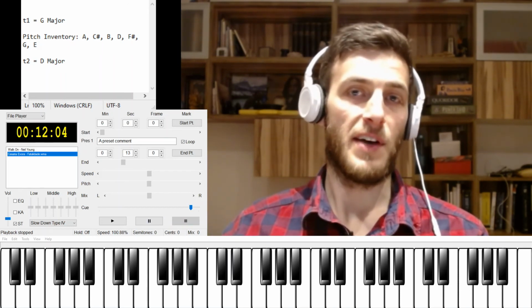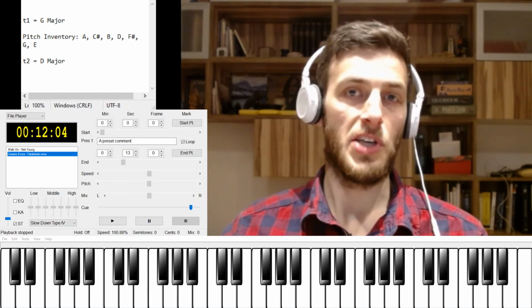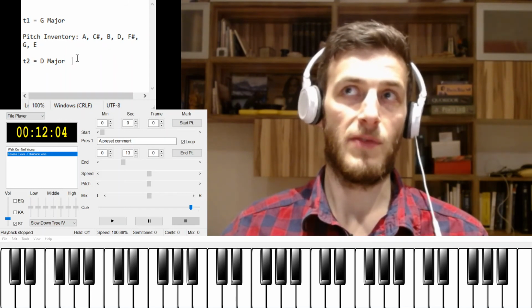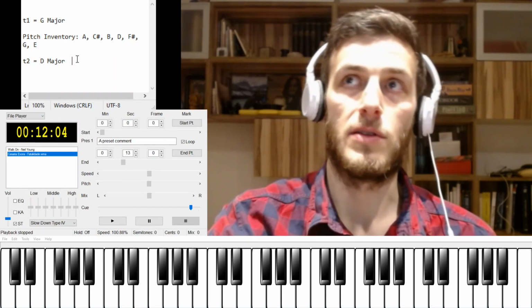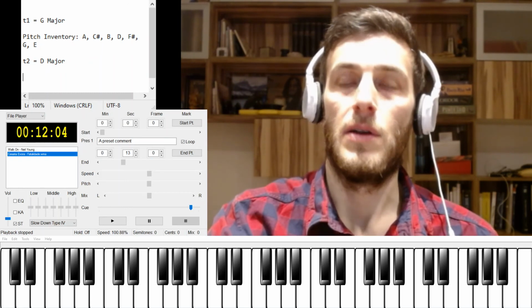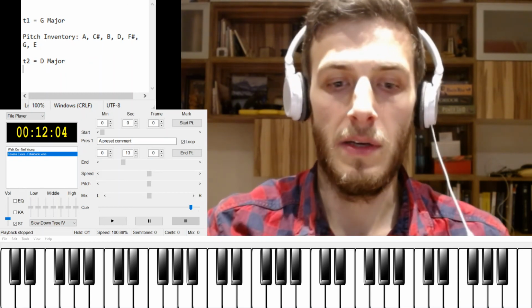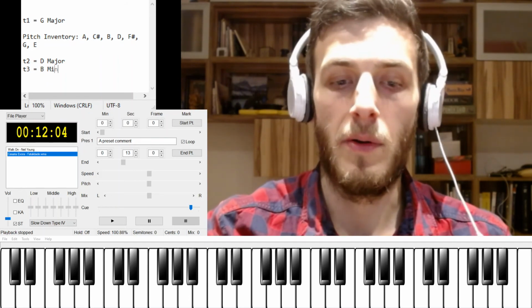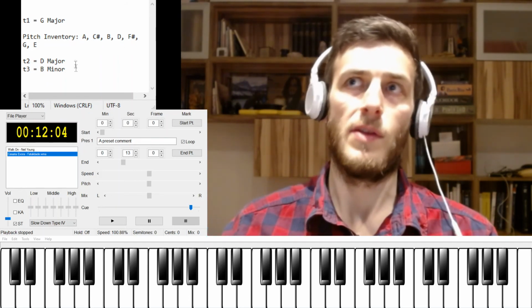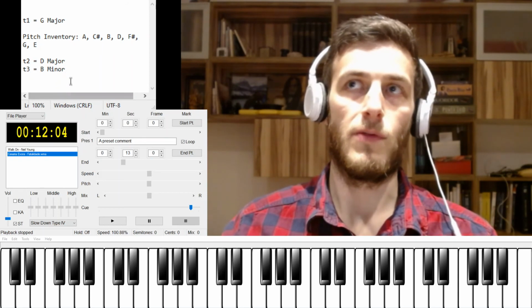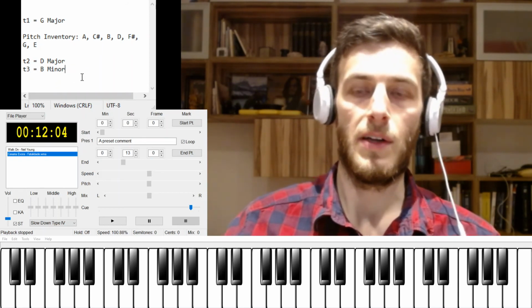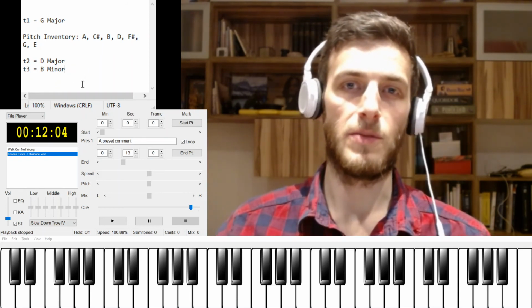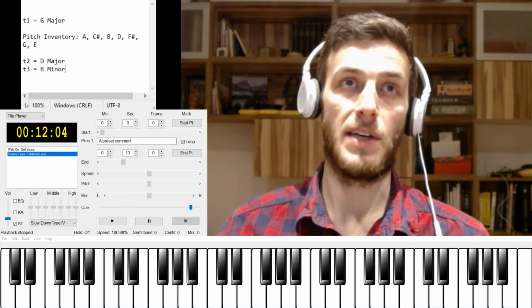Although I'm pretty satisfied with the answer of D major, let's also just check B minor just to see if that could also be the tonic. So let's do T3 equals B minor. Don't worry about even doing minor and major, just looking for one tonic note is fine. So T3 equals B minor, and let's hear how B sounds over the song.